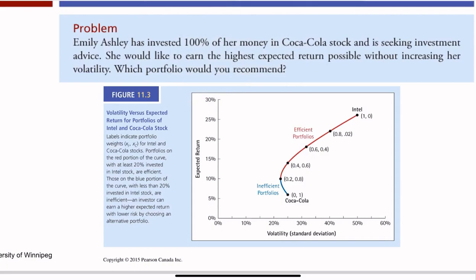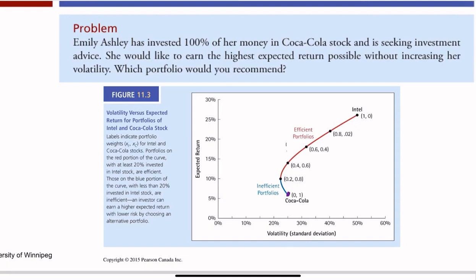So basically you can see that now she is investing in an inefficient portfolio, right? So basically she should make some changes. And the problem says she would like to earn the highest expected return possible without increasing her volatility. So basically we should keep the same volatility in this new, more efficient portfolio.